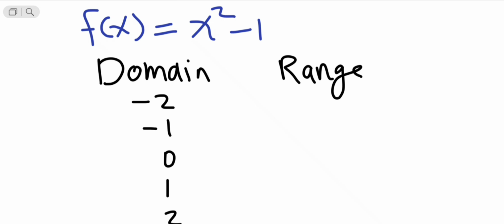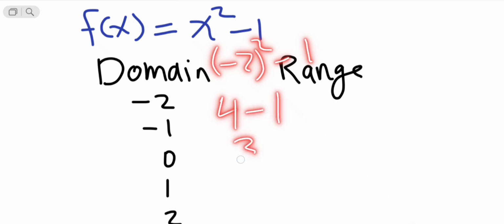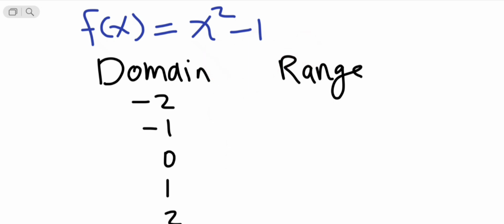Okay, so we will substitute x as -2. So replace x with -2 square minus 1. -2 square is 4, minus 1, that is equal to 3. So if x is -2, y is 3. If domain is -2, the range is 3.